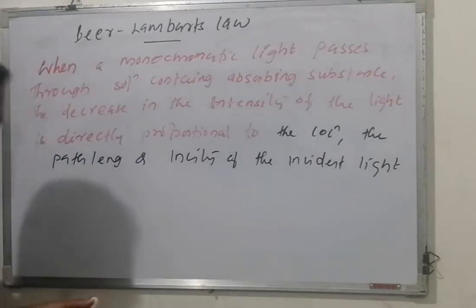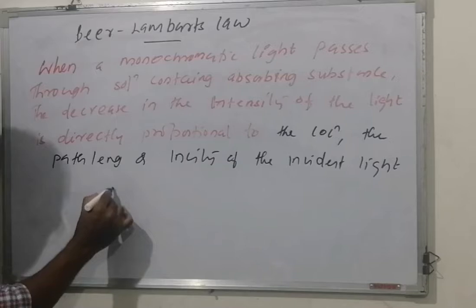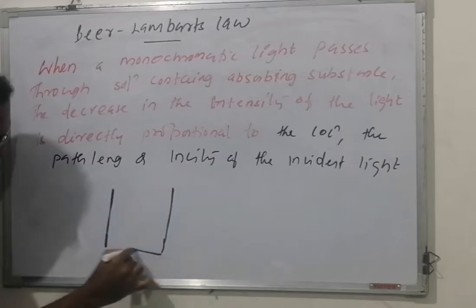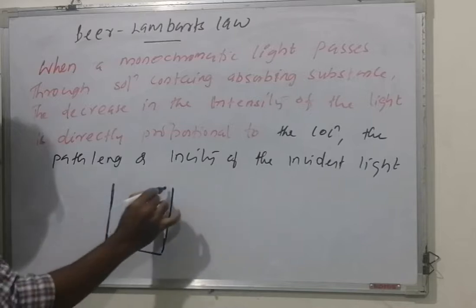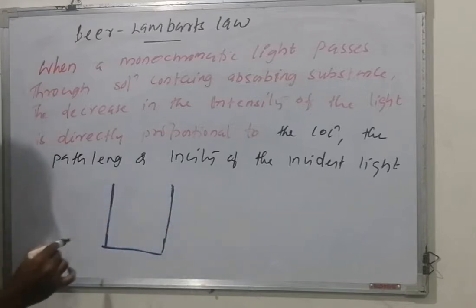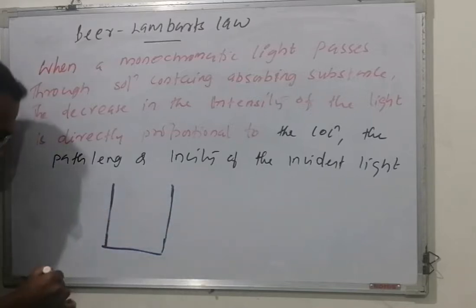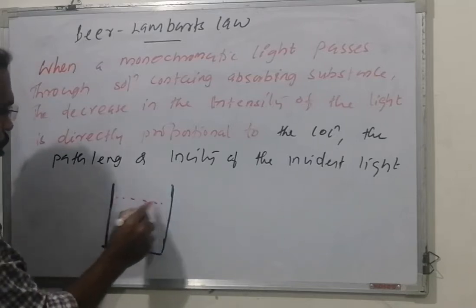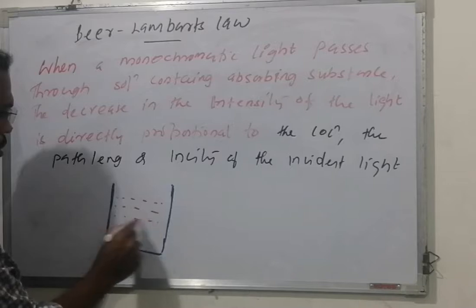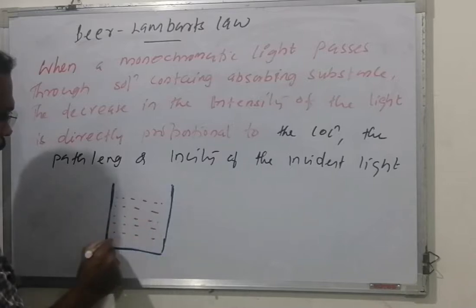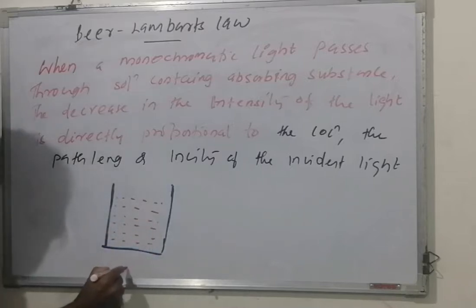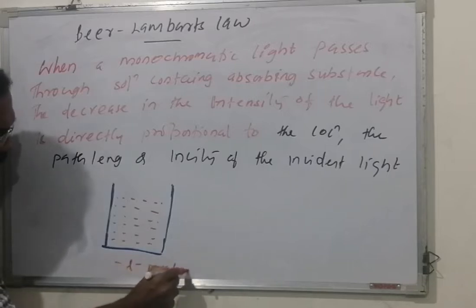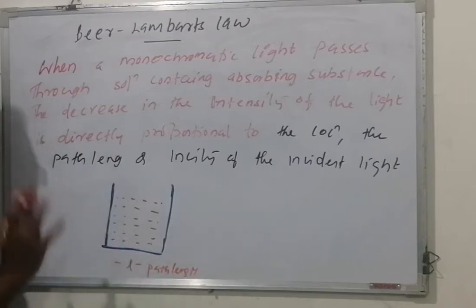What is the meaning? Suppose you have a cuvette like this. This is called a cuvette. Here you have the solution with absorbing media, absorbing substance. And this distance is called the path length. L is called the path length or size or length of the cuvette.